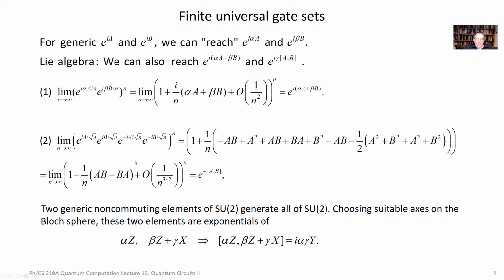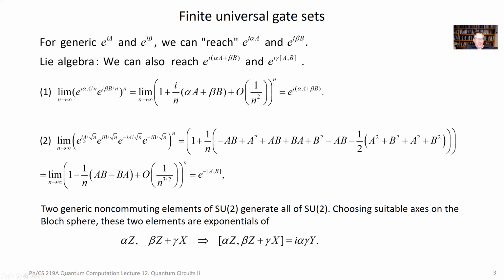I have 1, of course, which is the leading term, plus, at order 1 over n, minus AB. The whole thing should be taken to the nth power. And of course, there are terms which are higher order in 1 over n that I haven't indicated here. That's where the minus AB came from: this iA hitting this iB.